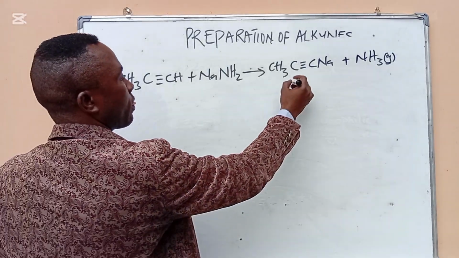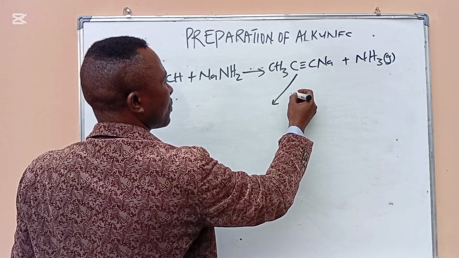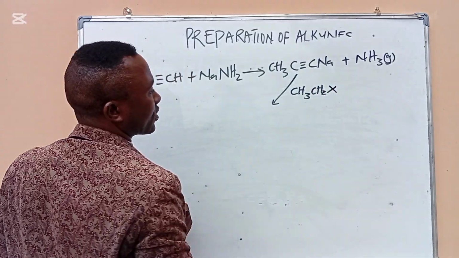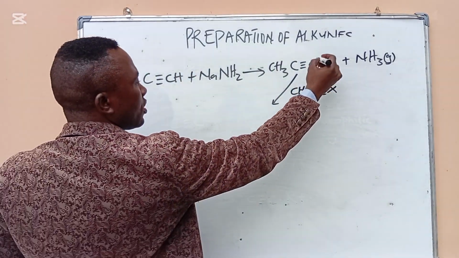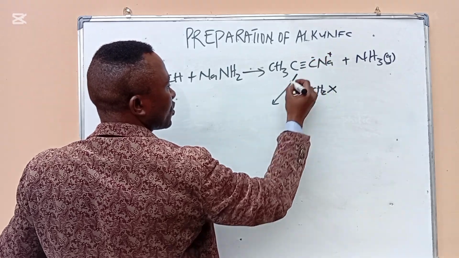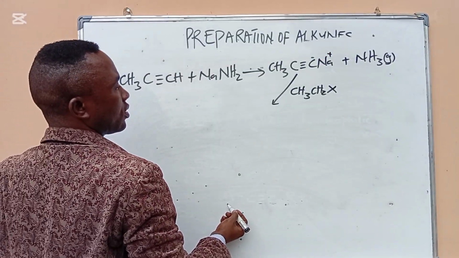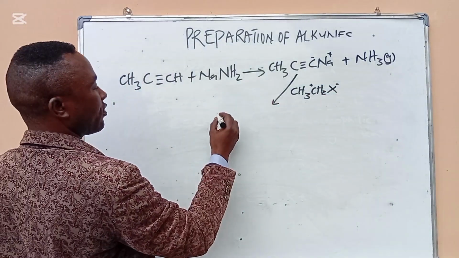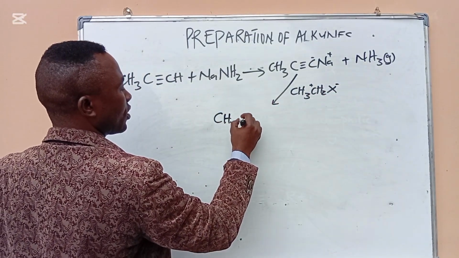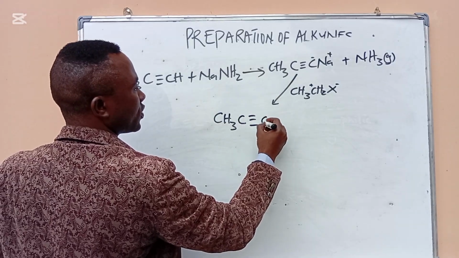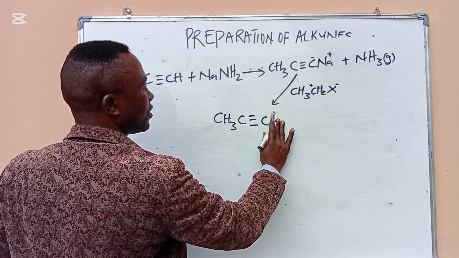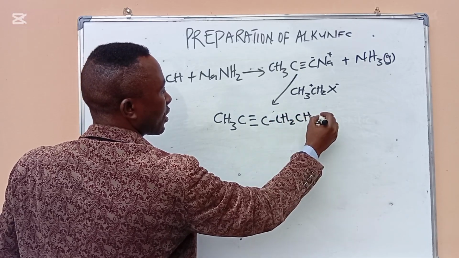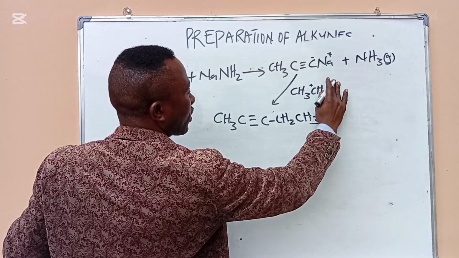The ammonia can bubble off, so that when we now react with CH3CH2X, this is plus and this is minus. What we will now have is CH3 C triple bond C CH2 CH2 CH3, plus NaBr; we can use bromine.